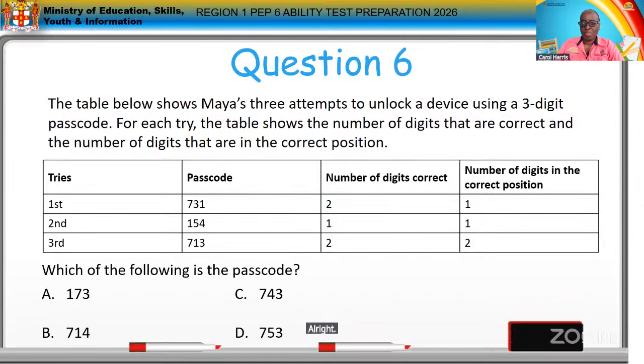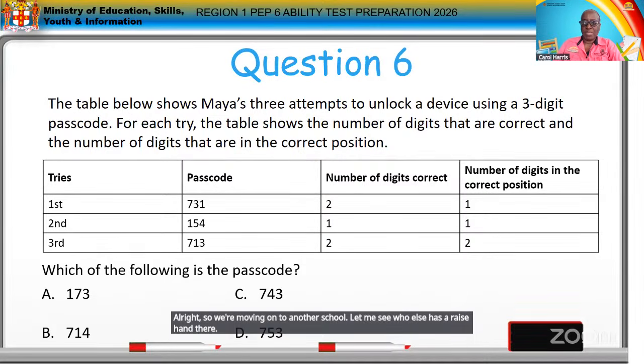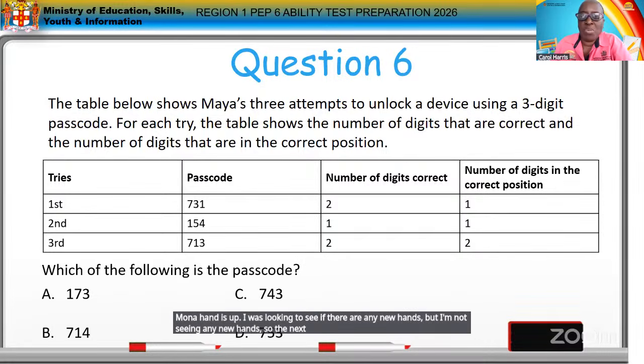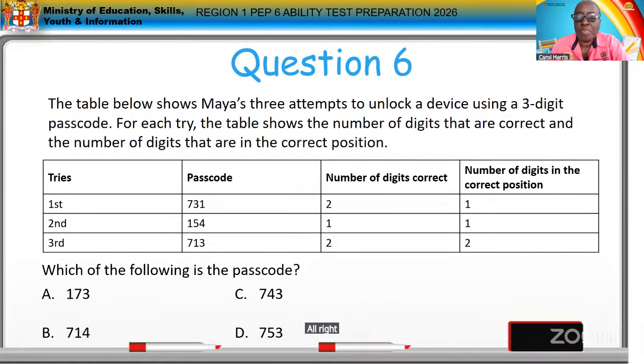All right, so we're moving on to another school. Let me see who else has a raised hand there. Mona's hand is up. Also, I can see if there are any new hands, but I'm not seeing any new hands. So the next one in line was Mona. All right. I think you wanted to hear from Bridget Williams Strawn. Is her hand up now?